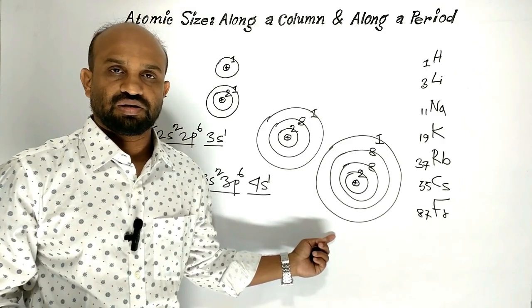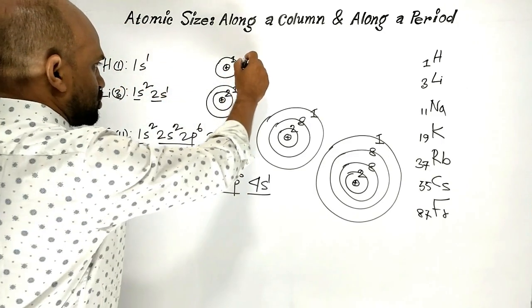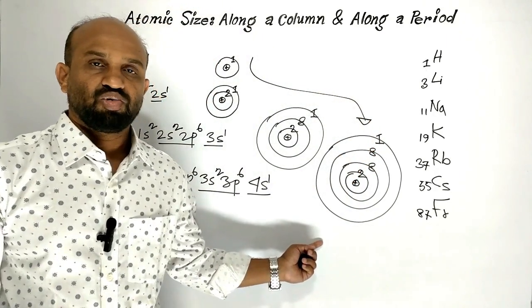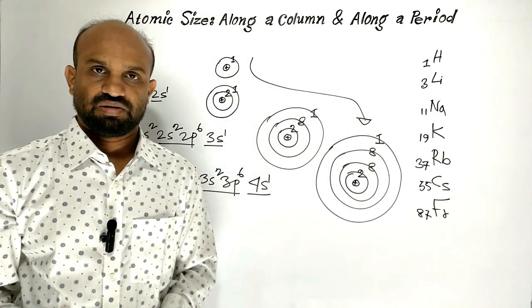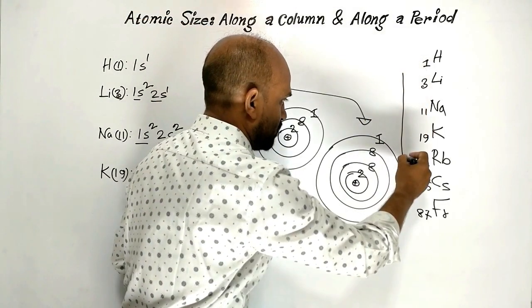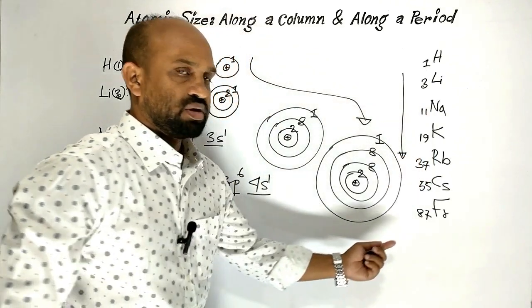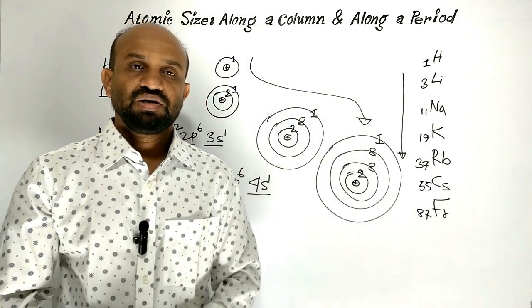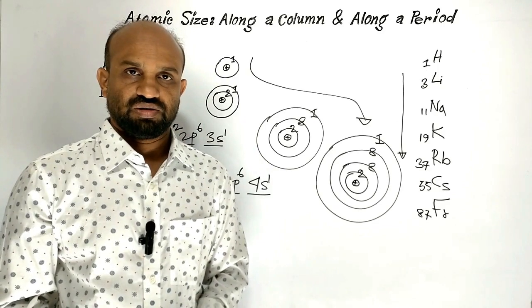It is clear that from top to bottom, in each case, one new shell is added. That is why from top to bottom along a column, atomic sizes increase with the increase of atomic number.